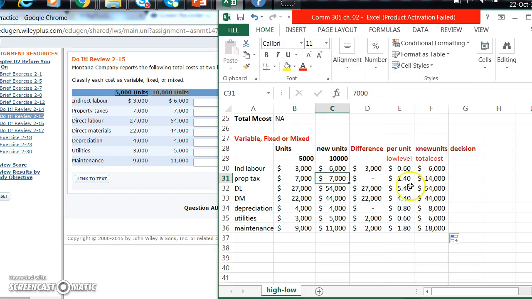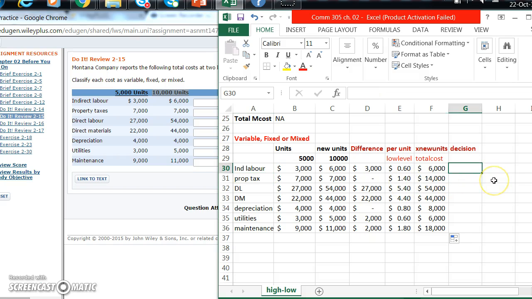But if we get any difference between these two, that means that we have a mixed cost. Mixed cost means that we get some fixed cost and some variable cost associated with that activity and with those costs.